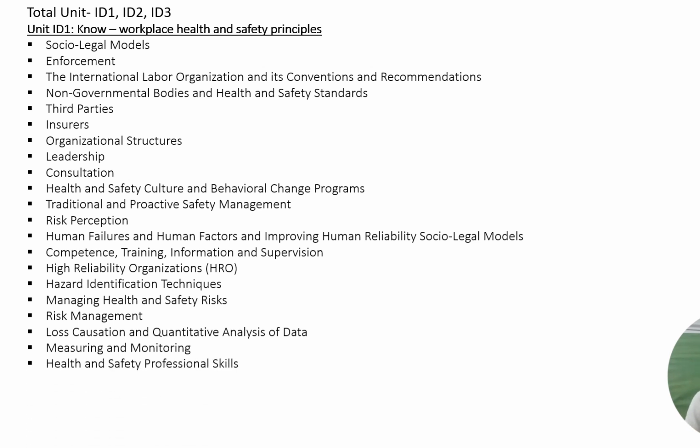Health and safety professional skills. This chapter provides you an overview of the professional skills you need as an occupational health and safety professional, and how you can get them. Social factors, societal factors.